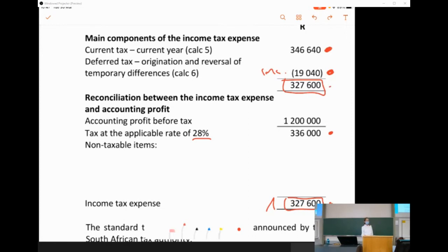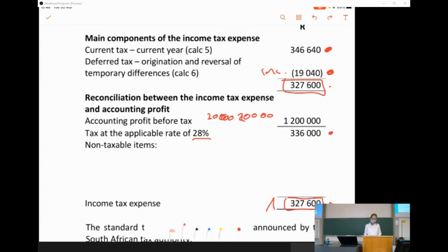So why do we have this difference? The reason why we have this difference is related to the capital gains tax, because remember, included in my accounting profit, we had that 30,000 gain for the sale of land, and the 200,000 gain on the sale of the buildings. However, we are taxed on the capital gains portion of that at only 80%.